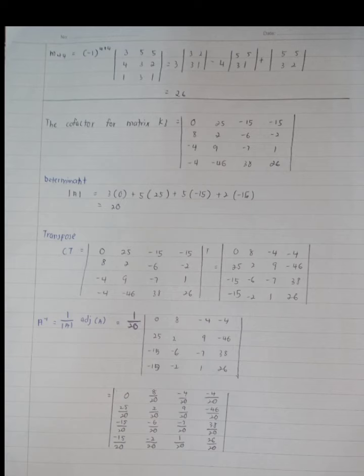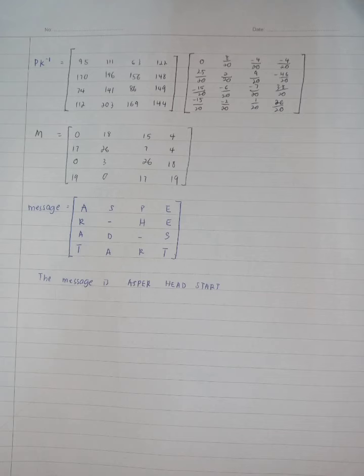Then we find the inverse of the matrix using our determinant and cofactor. After that, after getting the inverse matrix, we are going to multiply it with the matrix. Then we will get the message, which is "as per head start".